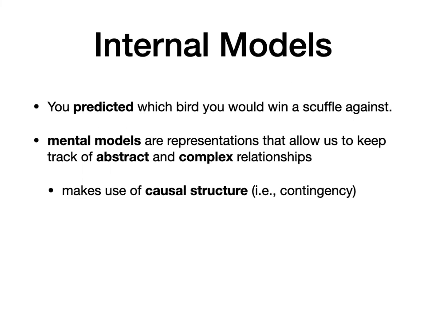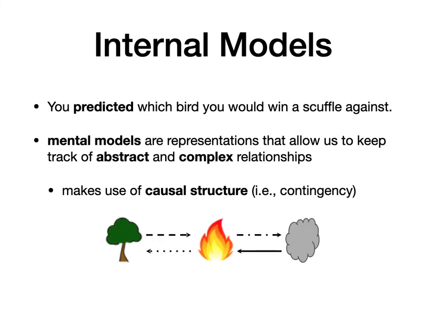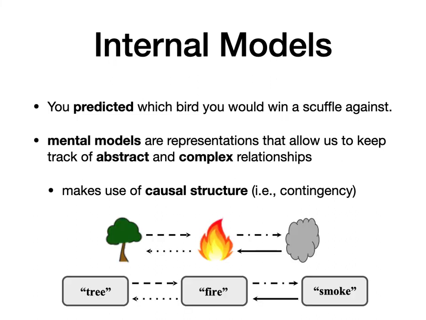So this comes to the concept of internal models. You predicted which bird you would win in a scuffle against, right? Mental models are these representations that allow us to keep track of these more abstract relationships. It helps us make use of causal structure. Yeah, our old friend, contingency, right? Tree leads to fire.